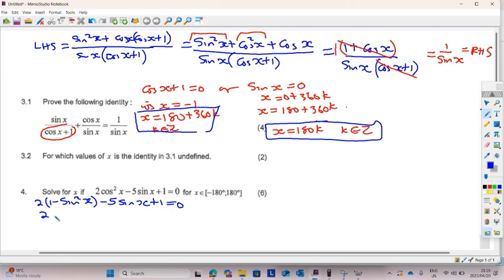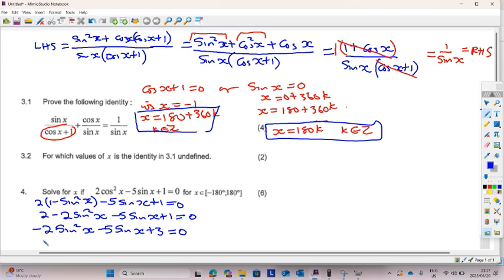So we have 2 minus 2 sine x squared minus 5 sine x plus 1 equals 0. The 2 joins this 1 to make 3, so we're left with negative 2 sine x squared minus 5 sine x plus 3 equals 0.